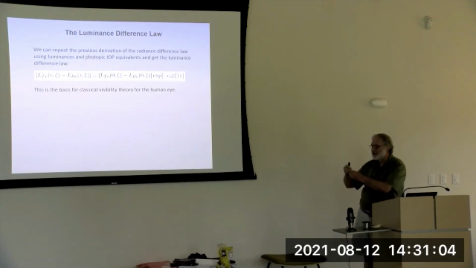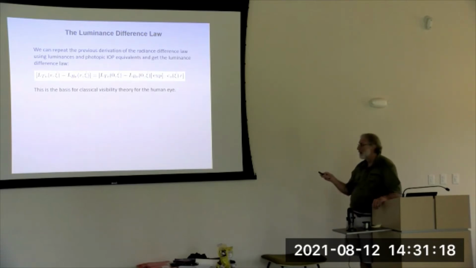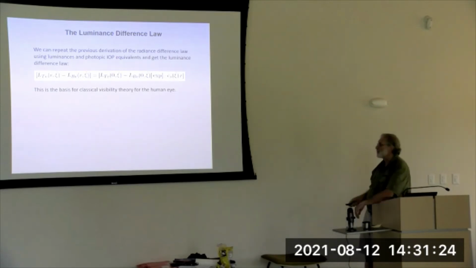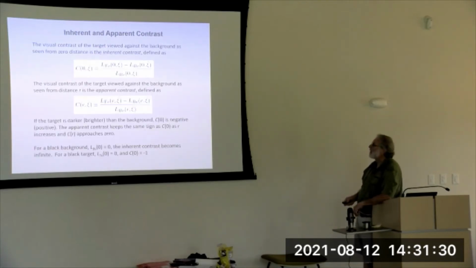So when I want to decide with my eye, can I see this object over there? I use this equation with whatever the luminance from the object is, whatever the luminance from the background is, and use the photopic beam C, but I'll probably really plug in the regular beam C at 555, and I'll get a pretty good prediction. And then I'll decide that my eye can or can't see this object.